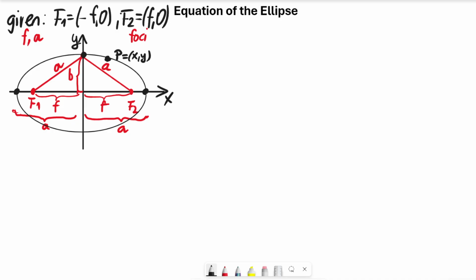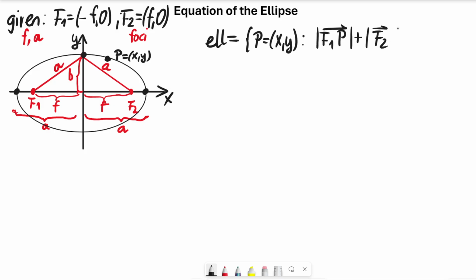Fine. So now we are interested in deriving an equation. First, what we have studied in this sketch here, we write down mathematically. So the ellipse are all the points x, y, where the distance from focus F1 to the point P plus the distance from focus F2 to the point P is constant.